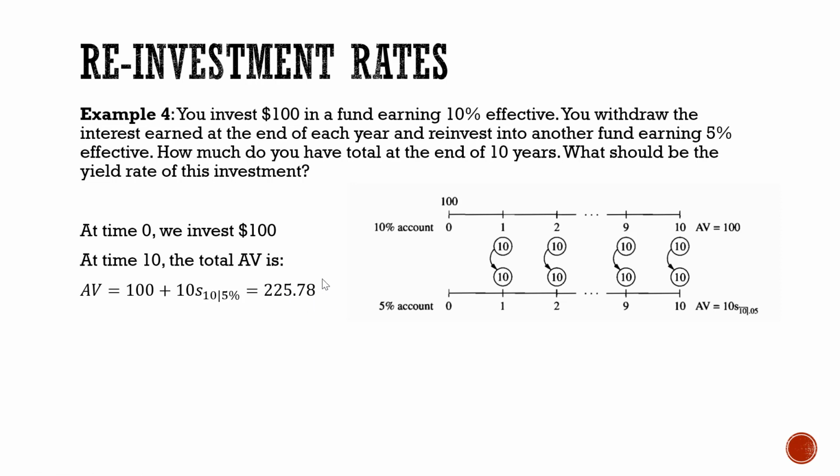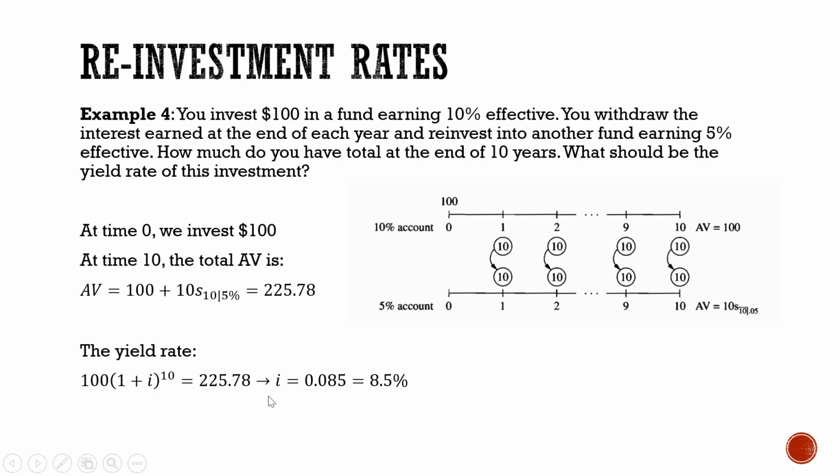So now to find the yield rate, we look at what we invest, what we have at the end, and how long the investment lasts. At time 0, you invest $100. At time 10, you have $225.78, and the investment lasts 10 years. So to find the yield rate over the entire investment, we have 100 times 1 plus I to the 10 is equal to 225.78.